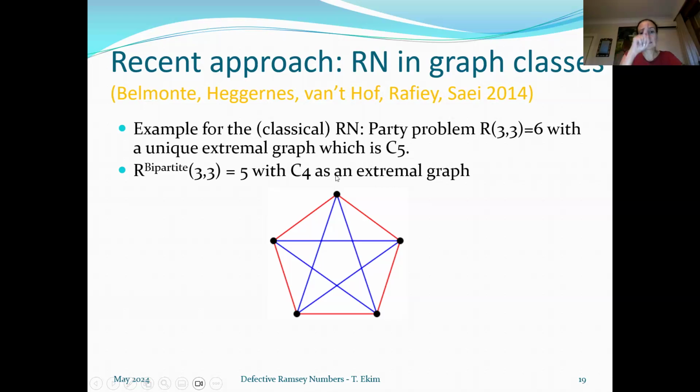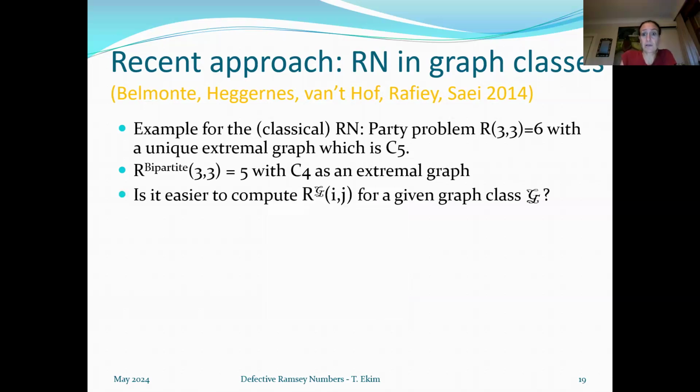And a 4 cycle is an extremal graph, which shows that, so think of a 4 cycle, it is bipartite, it contains no independent set of size 3. So 5 is the best in that sense. So in the rest, we said, okay, we're going to focus on this.